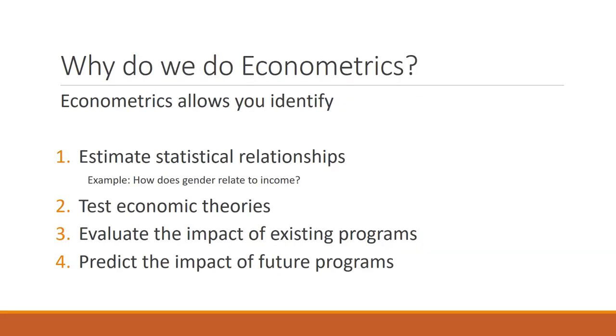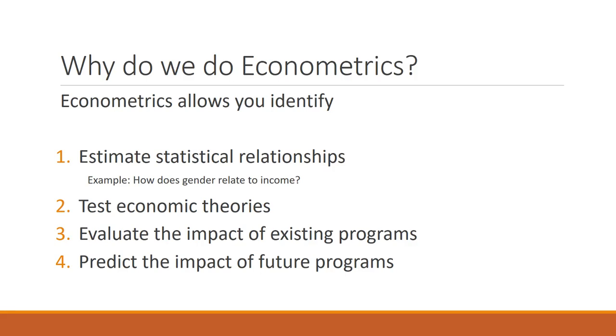Why do we do econometrics? Econometrics allows us to identify a number of different things. One is that it allows us to estimate statistical relationships. This is very similar to what we said in the last lecture when we talked about hypothesis testing.